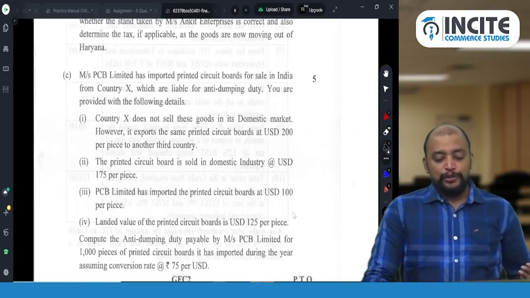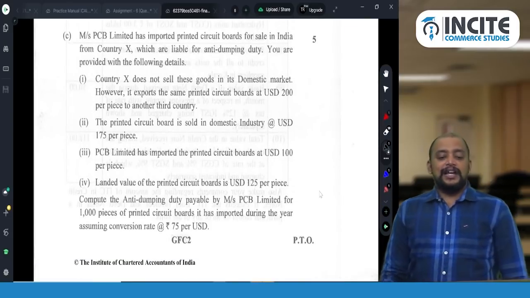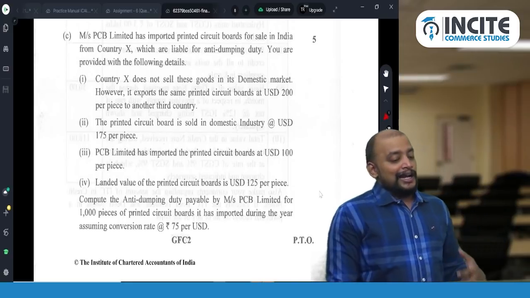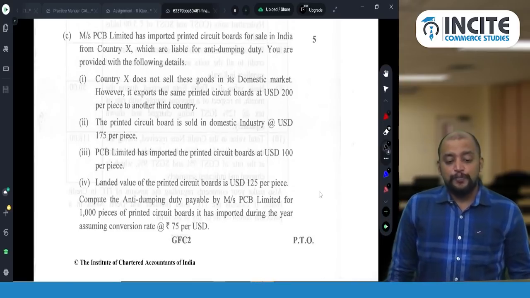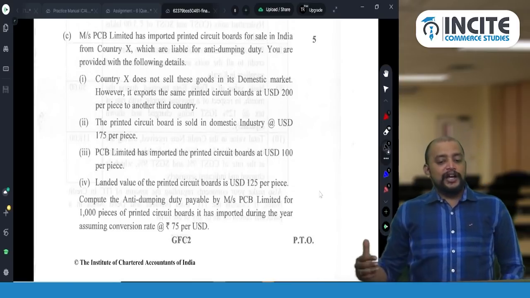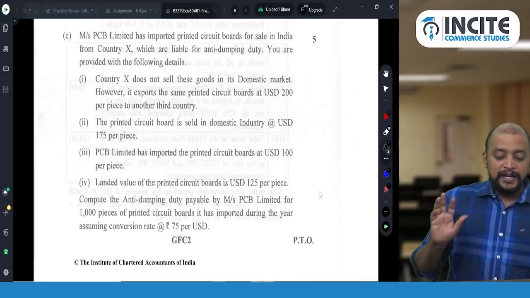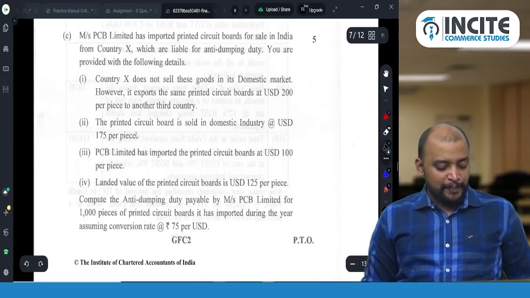Messrs. PCB Limited has imported printed circuit boards for sale in India from country X, which are liable for anti-dumping duty. You are provided with the following details. Country X does not sell these goods in the domestic market. However, it exports the same printed circuit board at $200 per piece to another third country. The printed circuit board is sold in the domestic industry at $175 per piece.